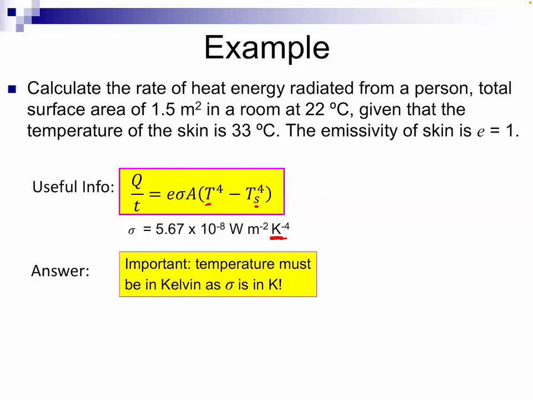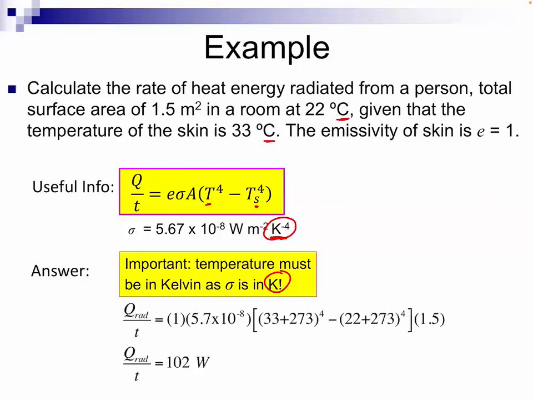Again, the temperatures are given in Celsius, but you have to convert your temperatures to Kelvin. So you cannot get away with just saying degrees Celsius is equal to Kelvin. You really have to convert your temperatures to Kelvin. Assuming you've done the conversion, that's adding 273 to the Celsius temperature.